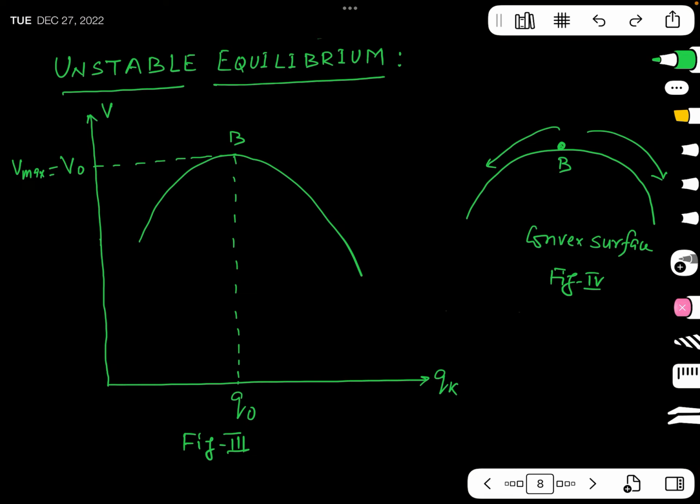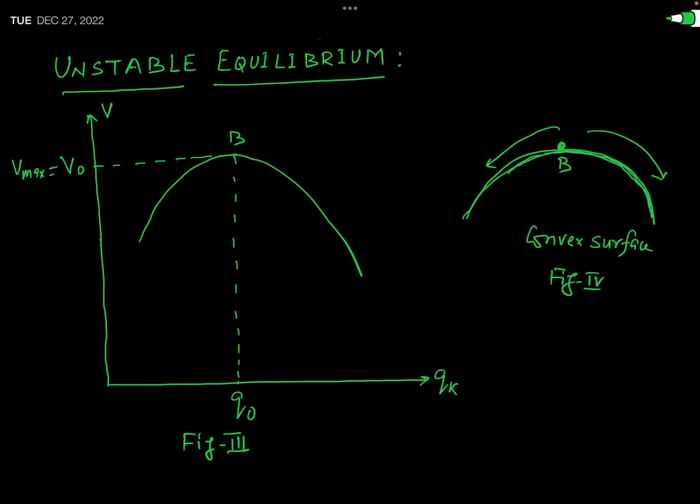For getting the idea of unstable equilibrium, let us now invert that pot, which is now of convex shape. So this is just a convex surface, and let us put a particle or a body or a system at its top position. It will remain in equilibrium, it will be stationary. But imagine from your experience that if this particle is displaced to this position and released, what will happen?